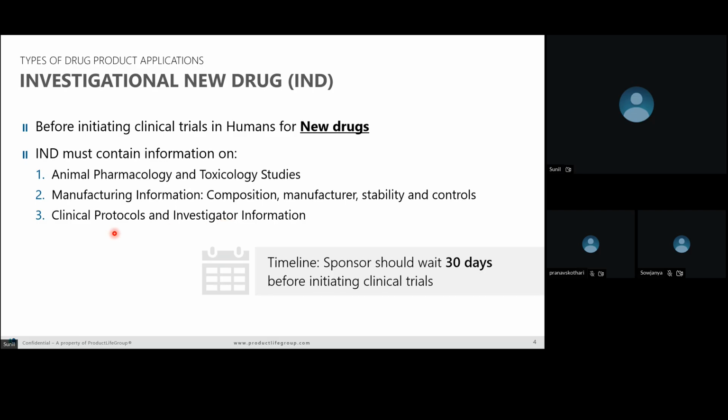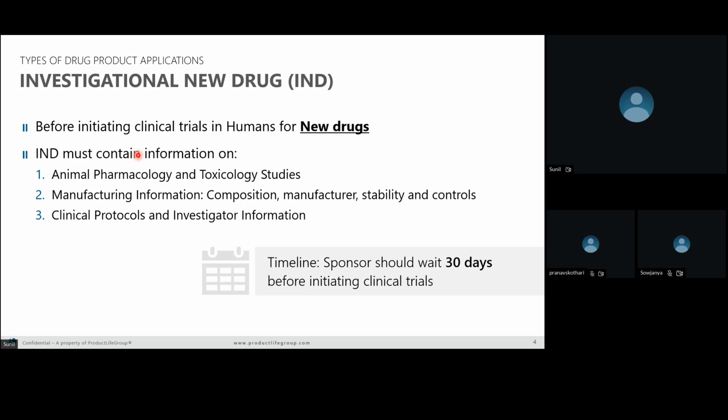Now, how will US FDA know that your research drug is safe or relatively safe for human beings, even though it has never been tried on the human beings? So US FDA will assess the preclinical data, that means animal data. You can start animal studies without filing any IND or any kind of application to the US FDA.